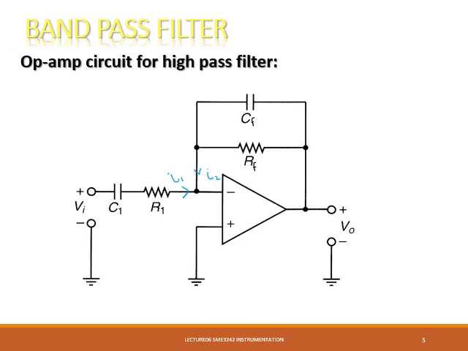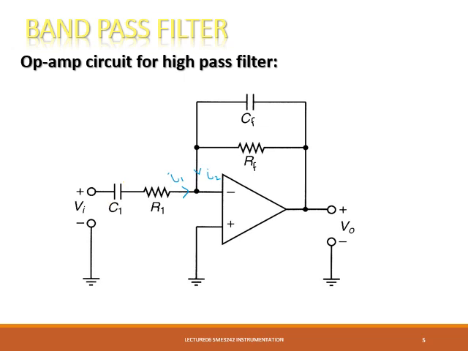So this is the circuit for the band pass filter. If we look at this circuit, we can see that it is actually a combination of a low pass filter and a high pass filter. If you notice, by cancelling C1 here, it is actually a low pass filter.